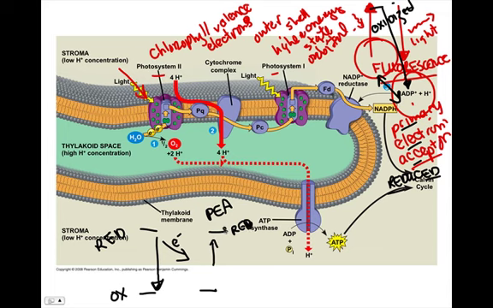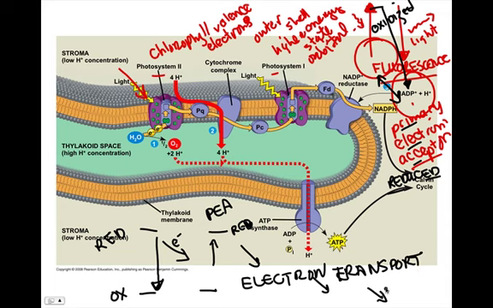The fate of that electron is that it's going to be passed in this way, down, down, down, down an electron transport chain of several molecules held in the thylakoid membrane. The thylakoid membrane holds these in close proximity to each other.